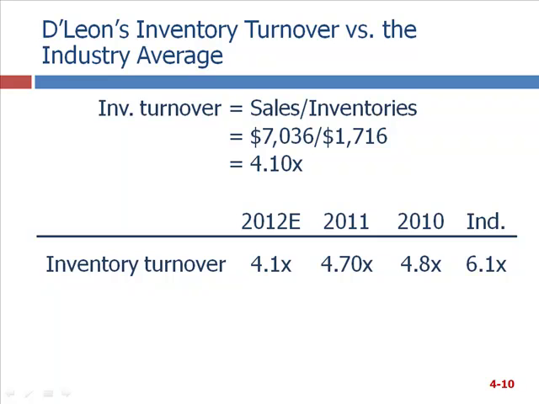The inventory turnover ratio gives us some idea of how efficiently the company is managing its inventory and hopefully using it to generate sales. We like for this ratio to be high because for any given level of inventory we want to see the highest possible level of sales.